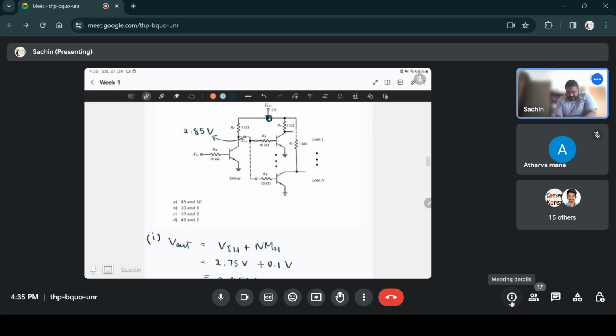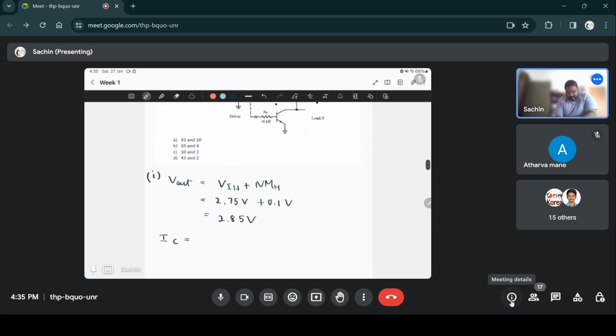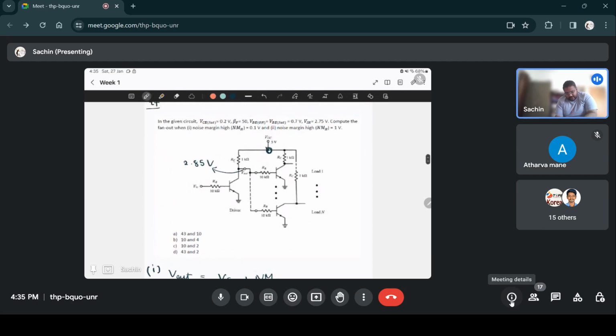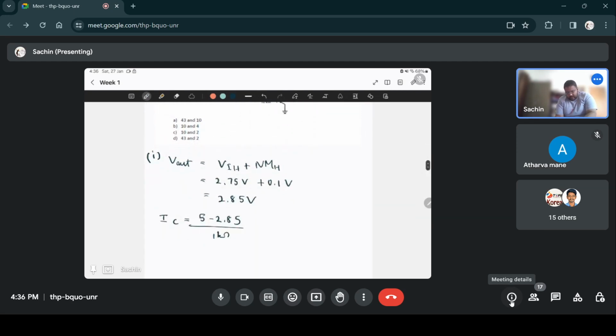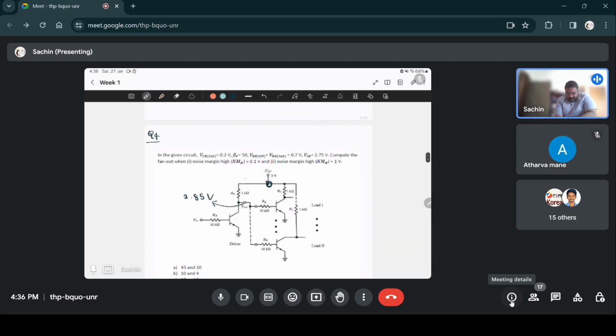It will be IC, which is 5 minus 2.85 divided by RC, which is 1 kilo ohm. How much is that? 2.15 milliampere. So that's the current which is flowing from the supply to the output terminal and into all these load transistors.